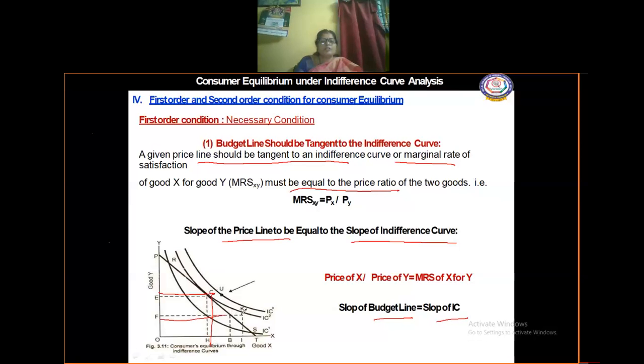And this is not the equilibrium line, but this is the equilibrium line. And this is the tangency of IC2. So IC2 is the equilibrium IC curve that's tangent to the budget line PT, or the income line, the price line.